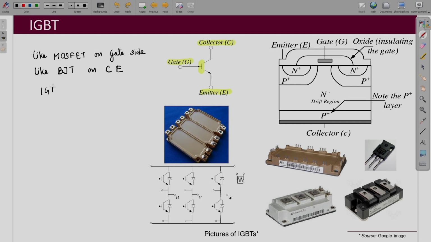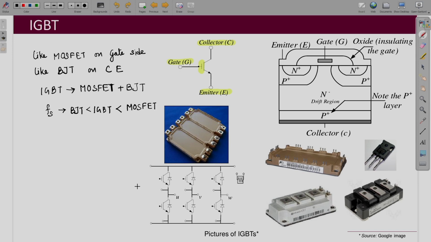So, IGBT is actually a combination of MOSFET and BJT, you can say like that. And because of it, what happens is that your switching frequency Fs for IGBT is greater than BJT, it is greater than BJT but is less than MOSFET.